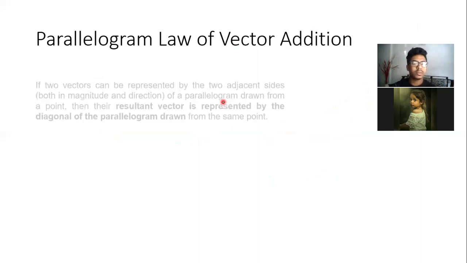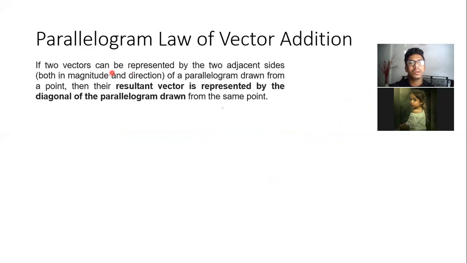The law says that if two vectors can be represented by the two adjacent sides, both in magnitude and direction, of a parallelogram drawn from a point, then their resultant vector is represented by the diagonal of the parallelogram drawn from the same point. Meanwhile, listening to my explanation, you can write down the law.